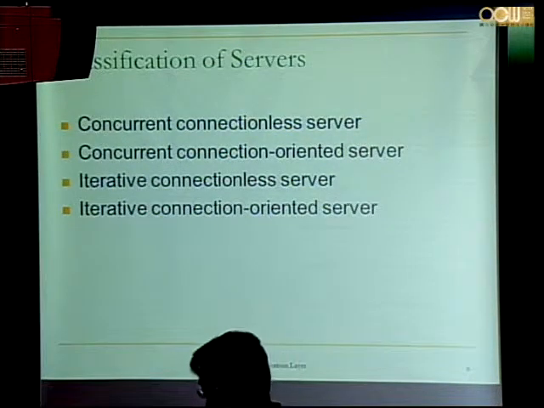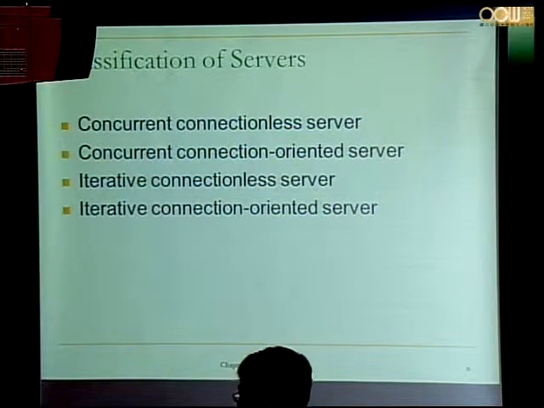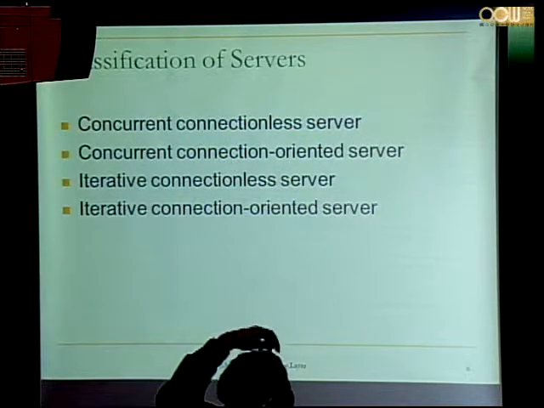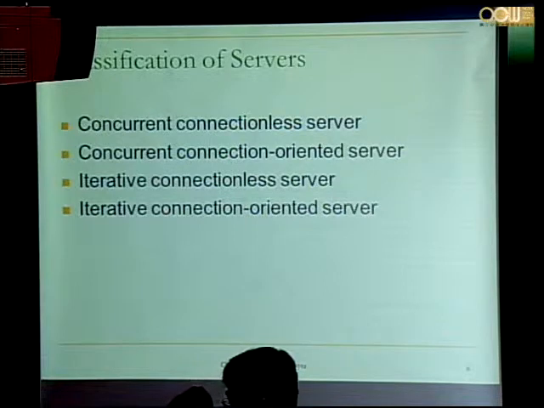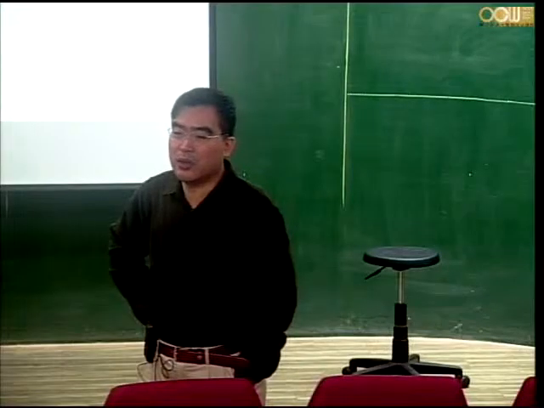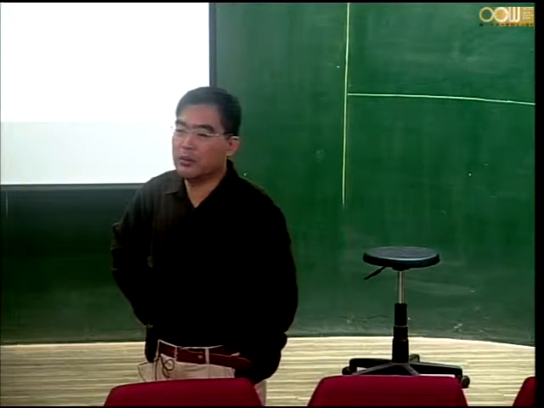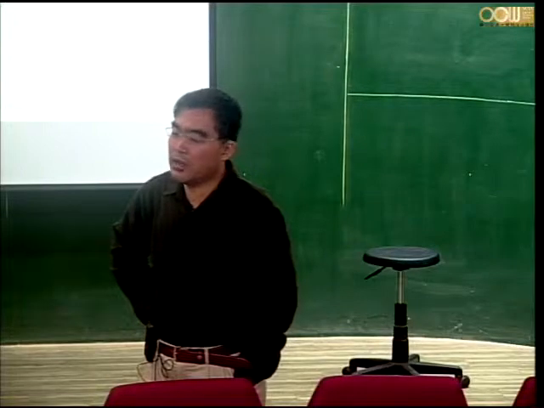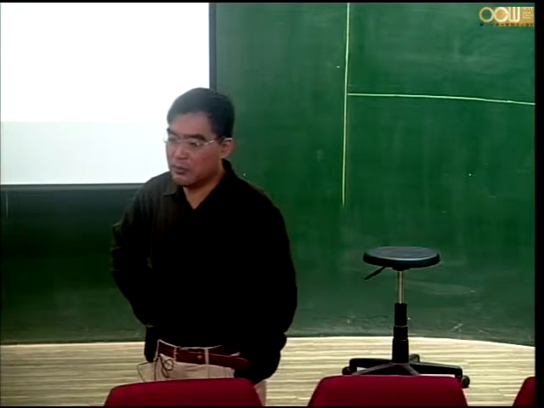Now we need to know the difference between concurrent and iterative. If the service times of two clients could overlap, then we call the service model concurrent. If the service times of two clients cannot overlap, then we call it iterative.